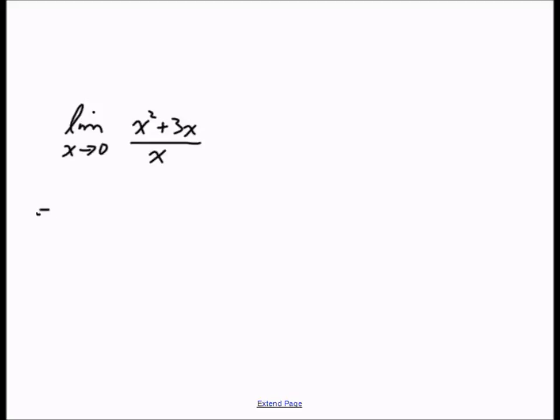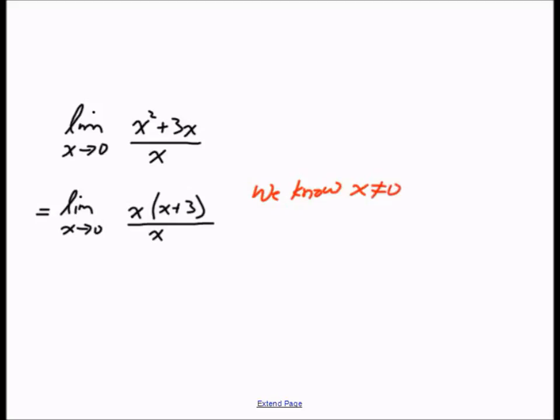We can simplify this: this is equal to the limit as x approaches 0 of x times x plus 3, all over x. Now we know that x cannot equal 0 here, because we can't divide by 0.